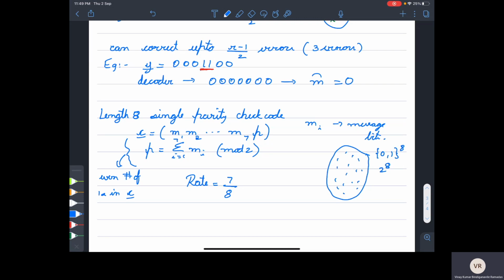Out of the 2 power 8 vectors, you are using 2 power 7 as code words, because once you fix the first 7 bits, the last bit, the parity bit, is fixed.